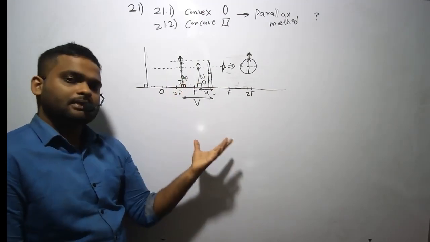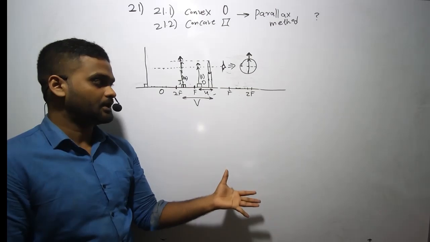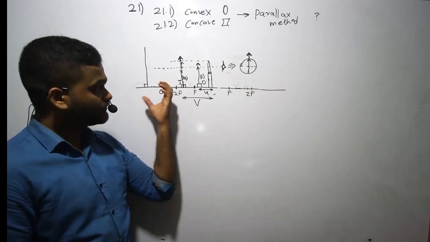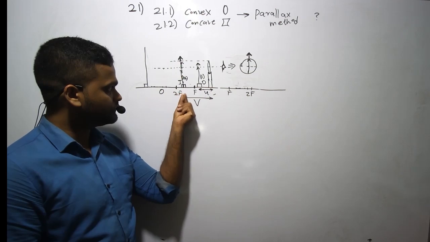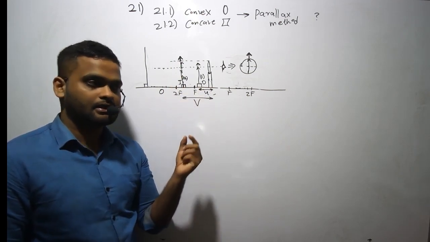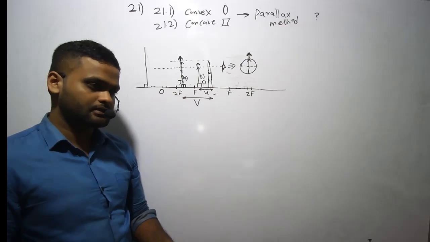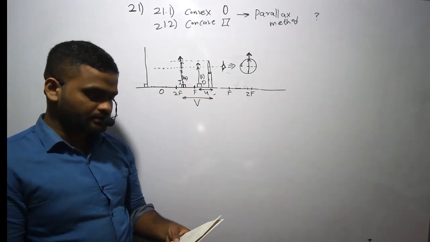There's a more creative method as well. I'll explain that in the second part of this experiment. For now, you can still find the position of the virtual image using this method, right? There's a more creative method using a mirror. I'll explain that in the next part.